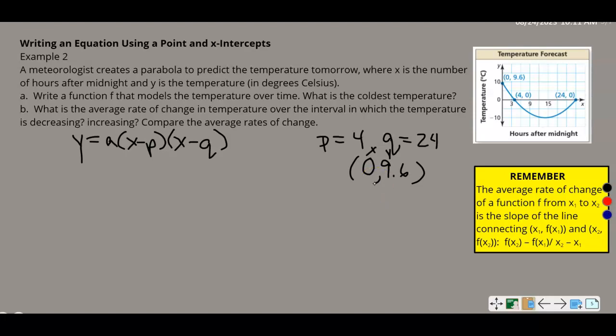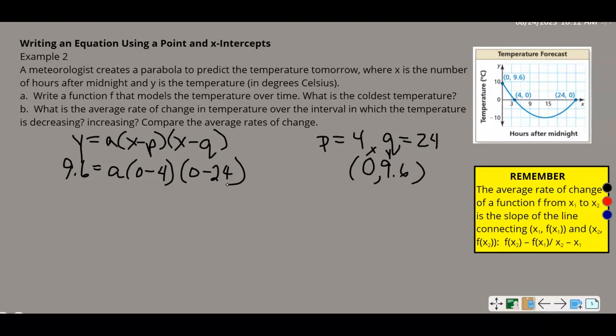All right, so for y, we're going to plug in 9.6. A is our variable. For x, we're going to plug in 0 for both x's. P is 4. And then x again is 0. And q is 24.